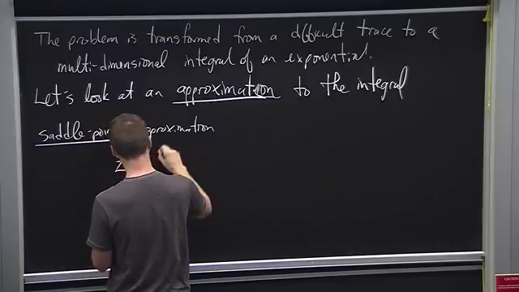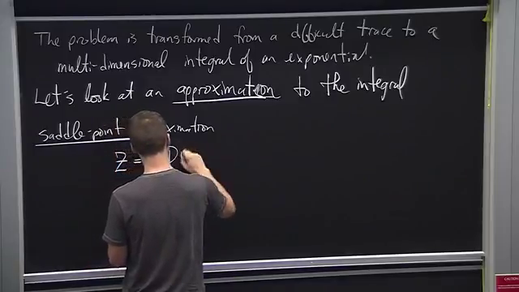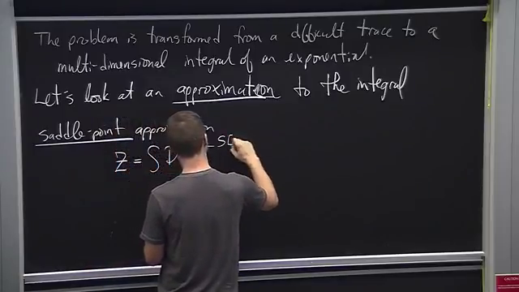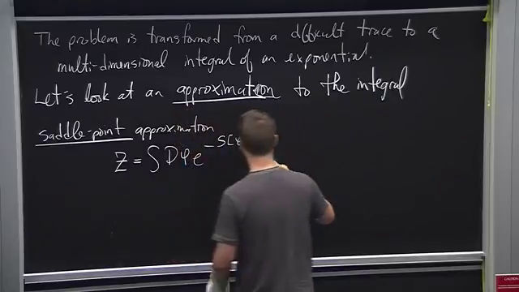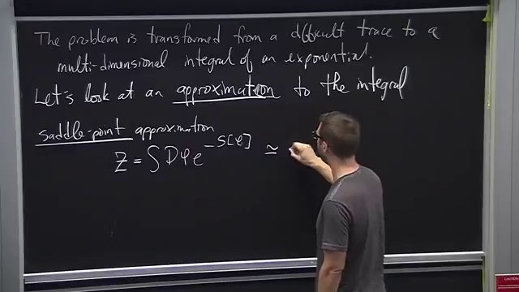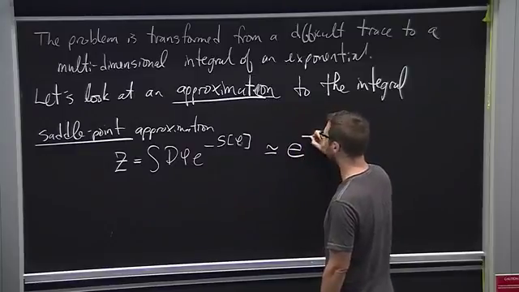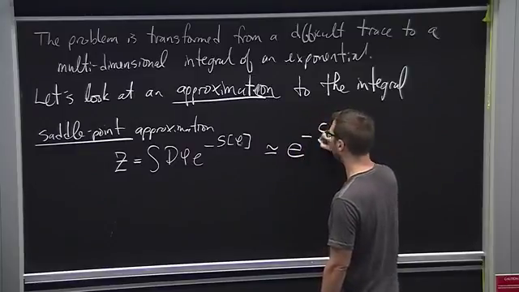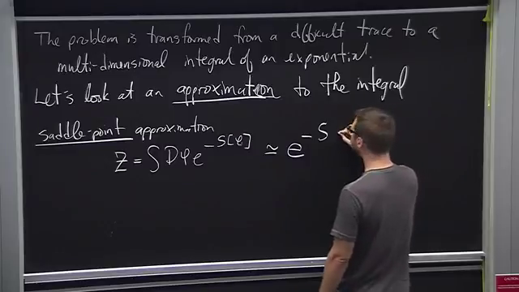So that's Z, a functional integral. The approximation is just replacing that entire integral with e to the minus S.